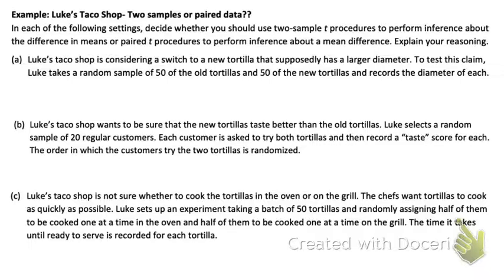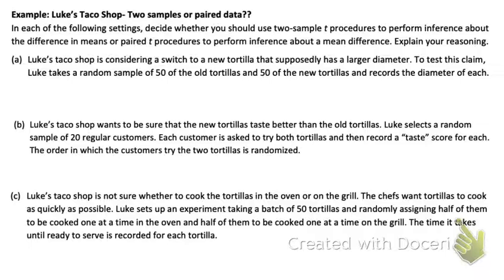So number A. Luke's Taco Shop is considering a switch to new tortillas that supposedly have a larger diameter. To test this claim, Luke takes a random sample of 50 of the old tortillas and 50 of the new tortillas and records the diameter of each.